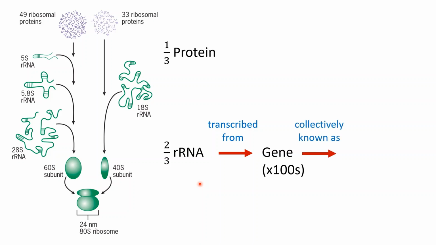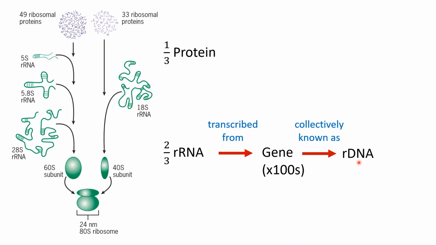So all of these genes must be kept together in a single location. Otherwise, the cell will lose the duplicates of its genes for the rRNA. So they need to be grouped together. That location is known as the rRNA gene or the rDNA.